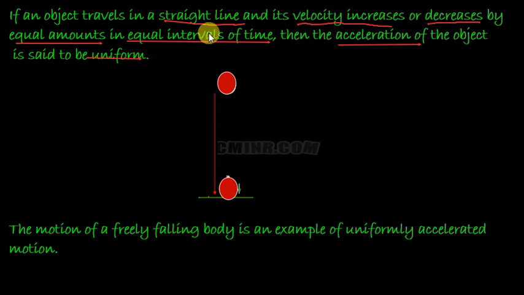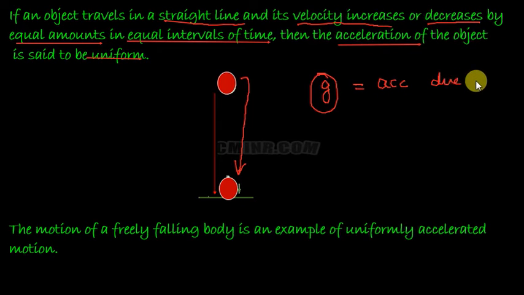For example, you have a freely falling body. So this ball falls down and gravity is pulling it down. The acceleration here is actually g, the acceleration due to gravity, and this is causing a constant increase in the velocity of the body.